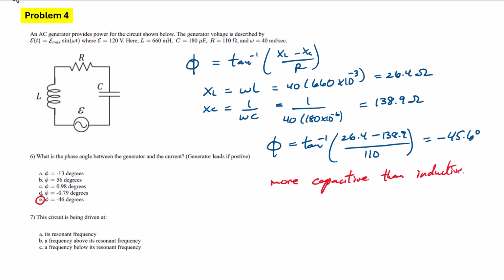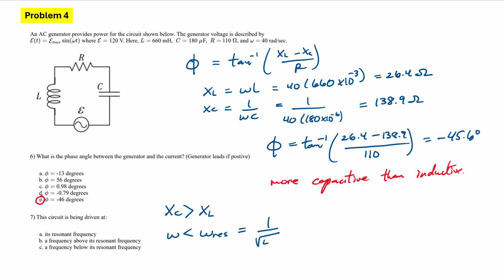Well, one thing we already know is that from above, we calculated the reactance of the capacitor is bigger than the reactance of the inductor. So that automatically tells you that my frequency omega is actually less than the resonant frequency of this circuit. And you can go ahead and calculate what that frequency is.